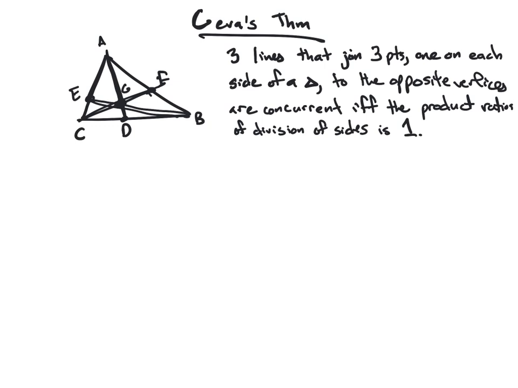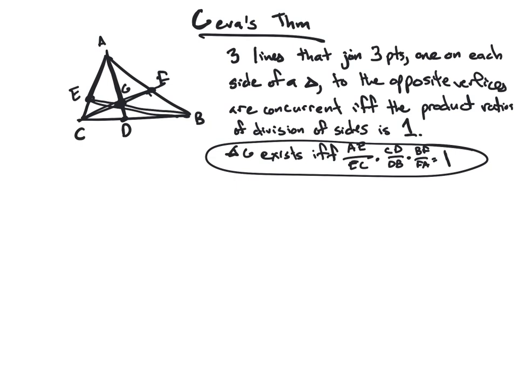In other words, G exists if and only if AE over EC times CD over DB times BF over FA equals 1. This is what we're saying. And this is an if and only if statement.